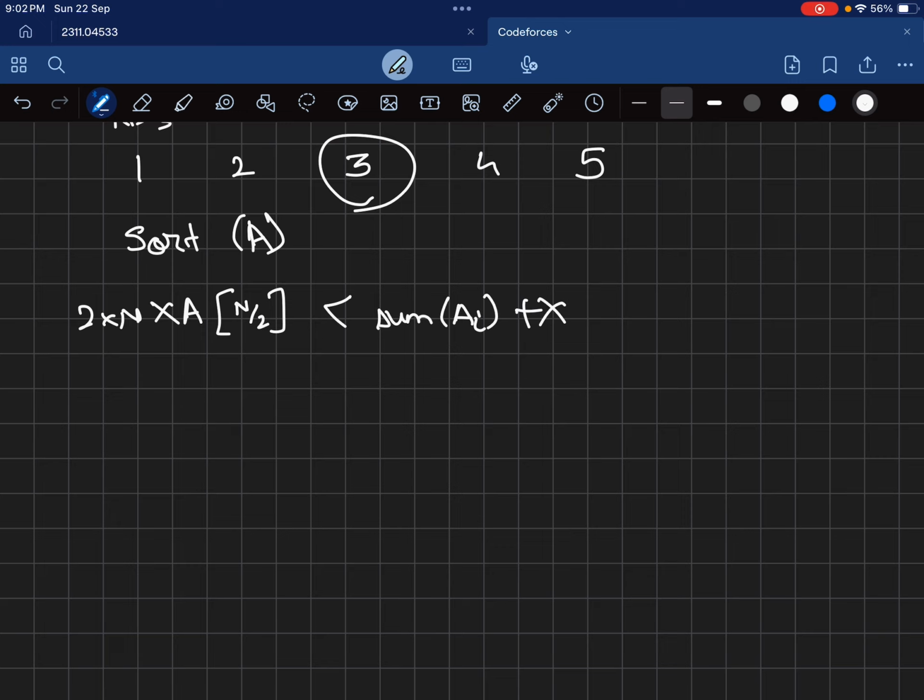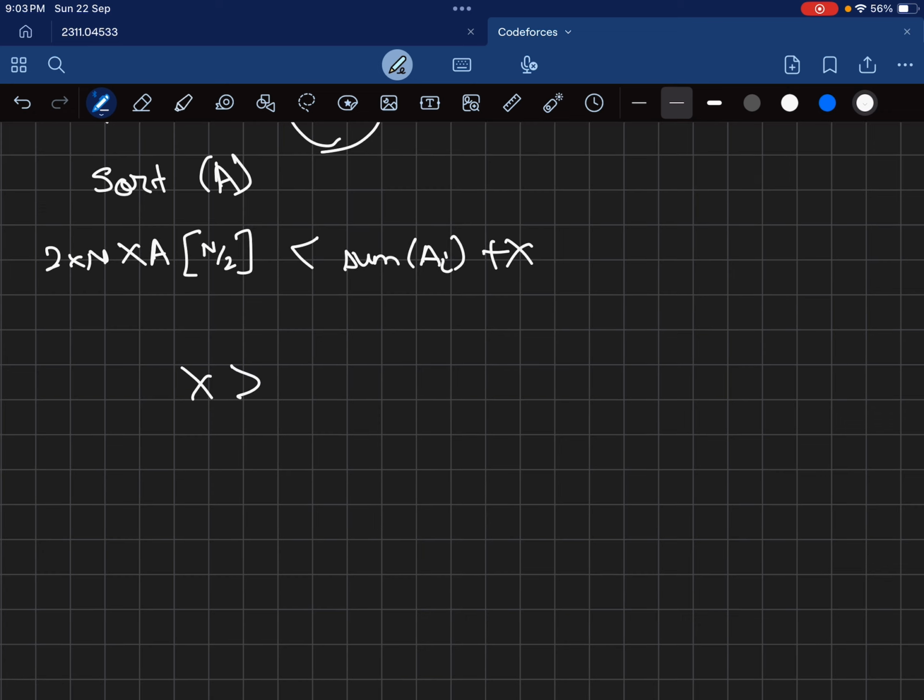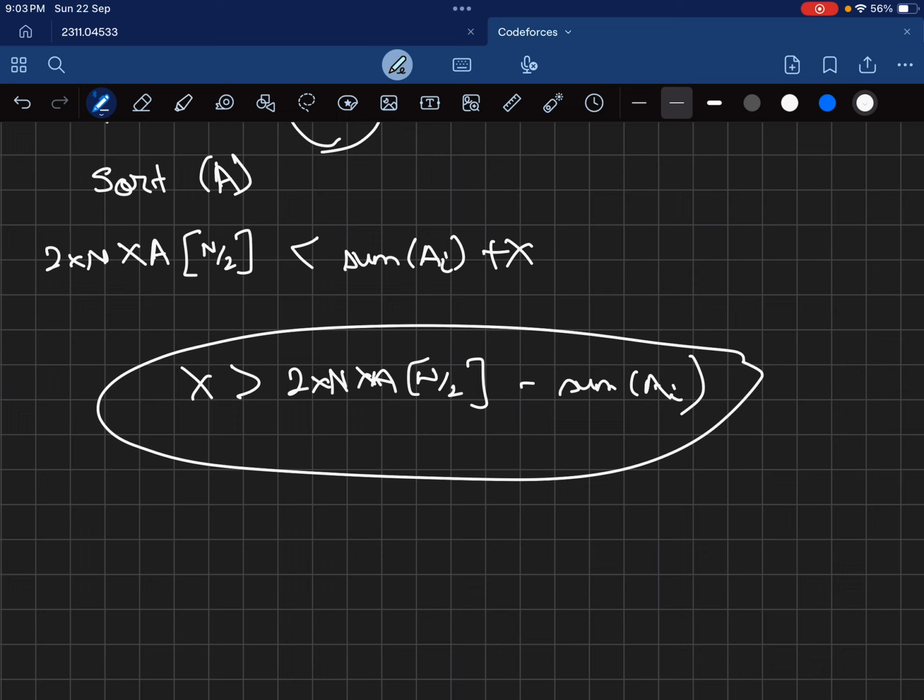So this is the condition. Therefore x should be greater than 2 into n into a of n by 2 minus sum of ai. So we just have to find the smallest x satisfying this condition.